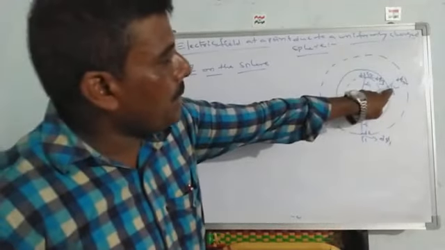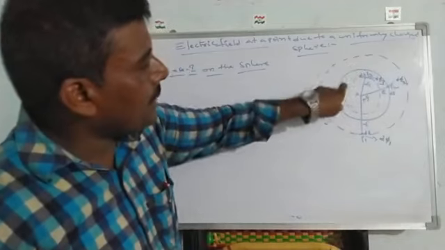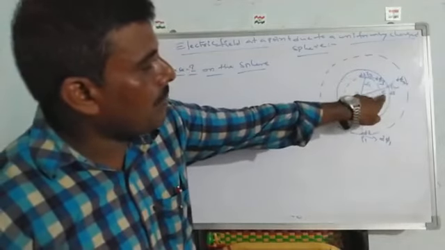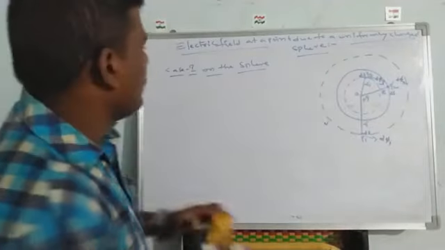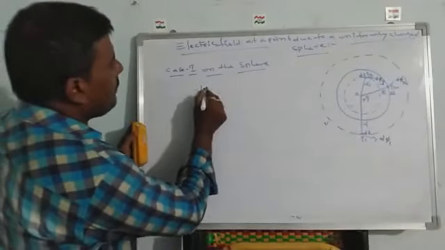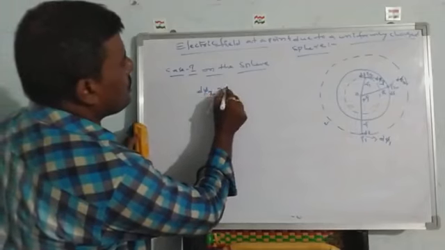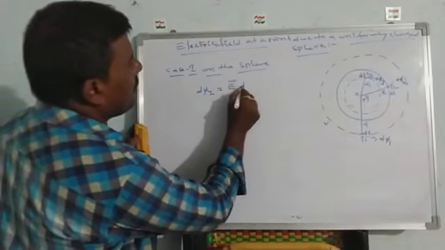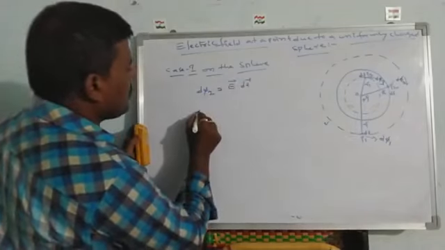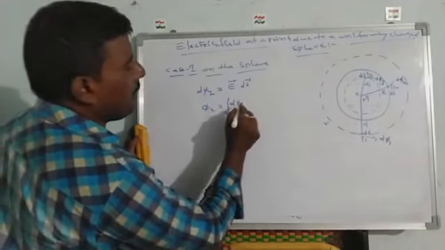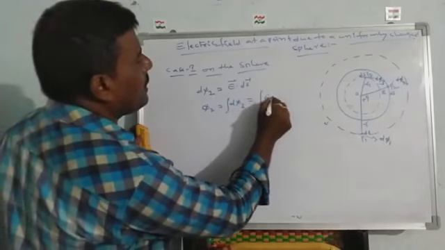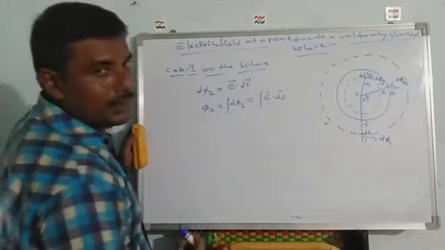So the point P2 is located on the sphere with radius capital R, with elemental area ds and flux d phi 2. That means d phi 2 equals E bar dot ds bar. So phi 2 equals the integral of d phi 2, which equals the integral of E bar dot ds.